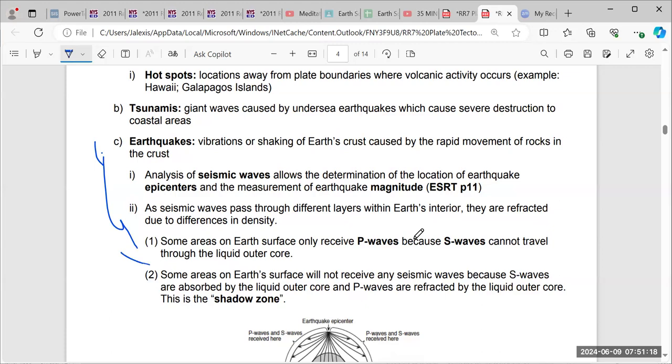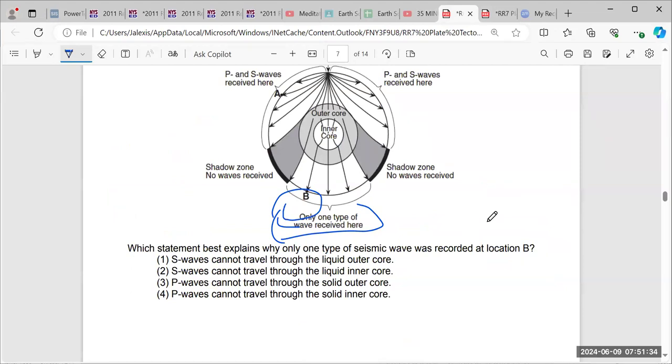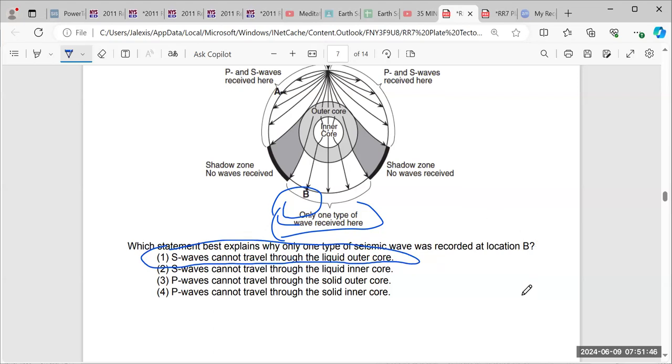It says some areas on Earth's surface only receive P waves because S waves cannot travel through the liquid core. So the S wave cannot travel through the liquid core. That's why for number 12, the correct answer is going to be 1. Only one type of wave was recorded because the S wave cannot travel through the liquid core.